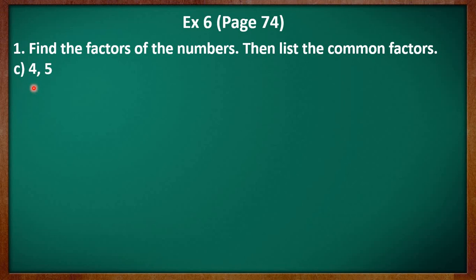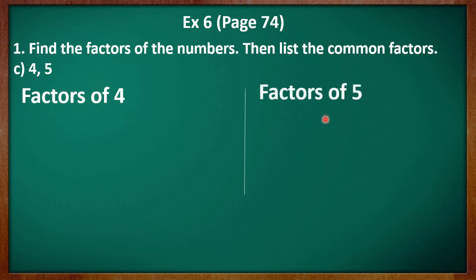The numbers given to you are 4 and 5. Kids, here again we will be listing the factors of 4 and 5 individually. Let's first list the factors of 4. Here we know that 1 multiplied by 4 is equal to 4 will give us the two factors, which is the smallest and the greatest factor of 4.